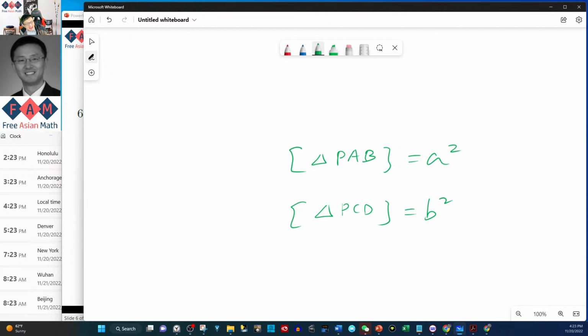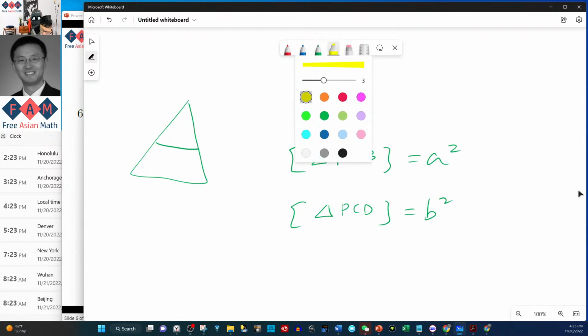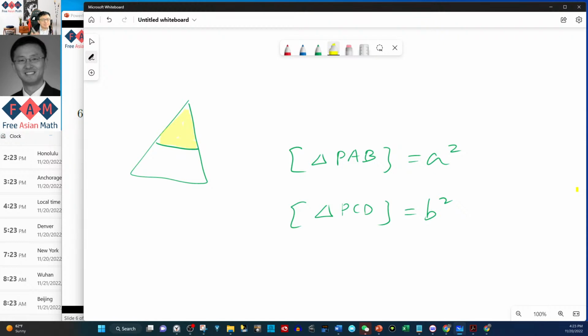Because area is a two-dimensional thing, right? The area ratio must be the square of the one-dimensional similarity ratio. Does anybody understand what I'm talking about here? We have a pair of similar triangles. Then we have a one-dimensional ratio, essentially a fraction.